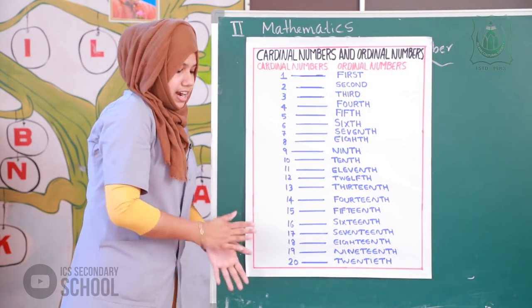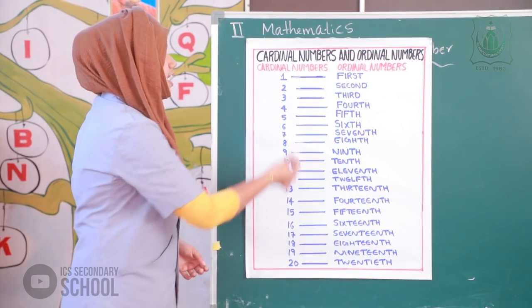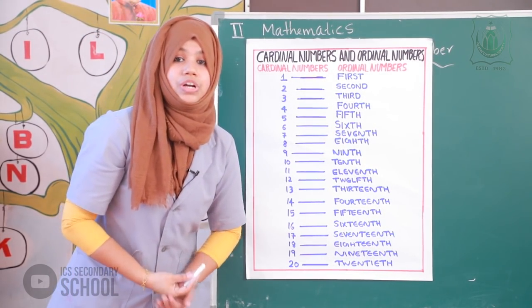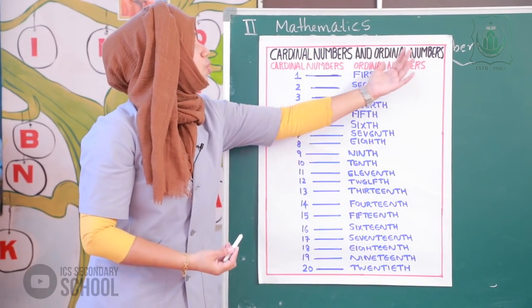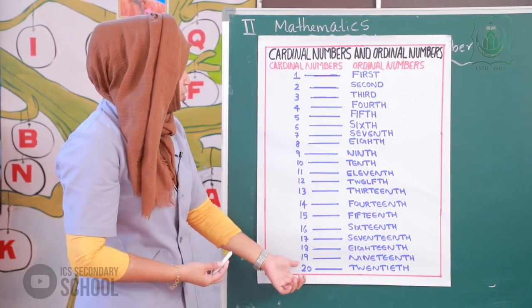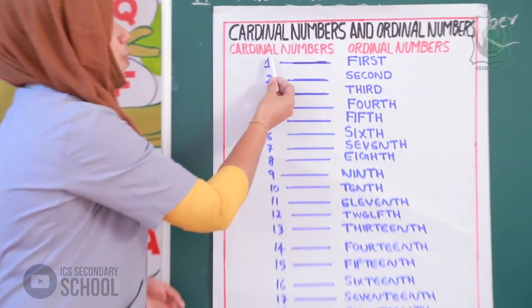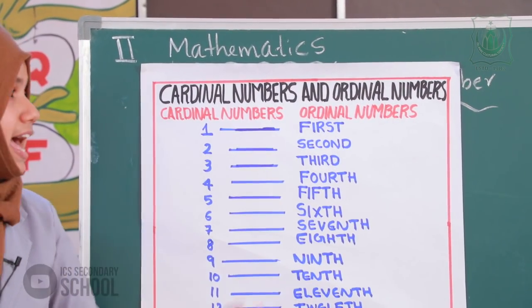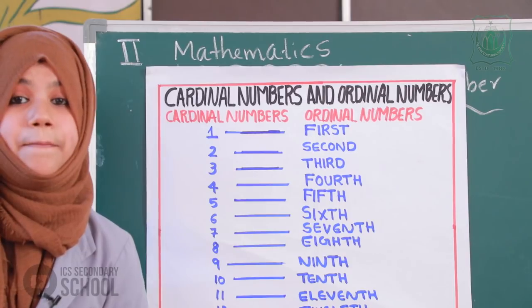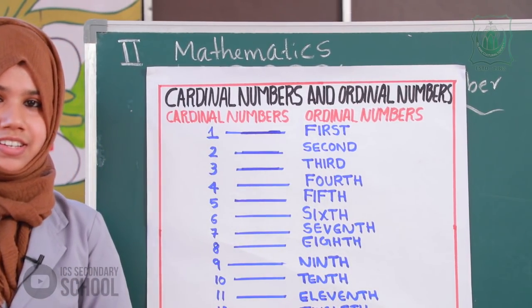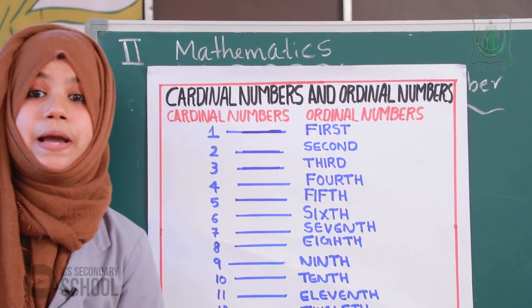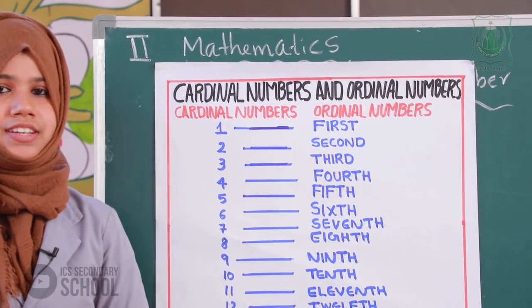Can you see this chart? This is about the cardinal and ordinal numbers up to 20. Okay, we can say together. 1 is the cardinal number and the ordinal number is first.